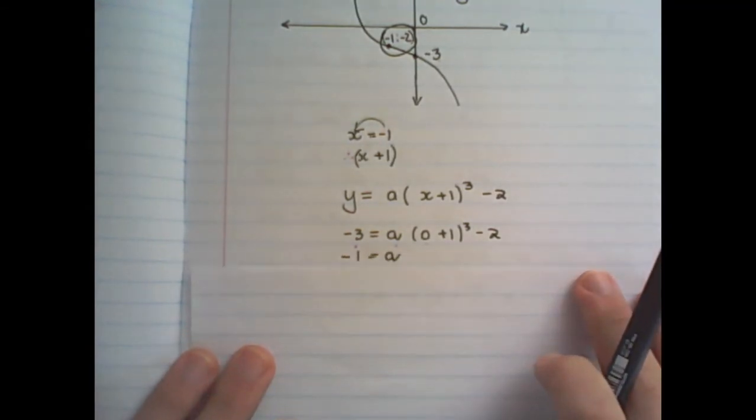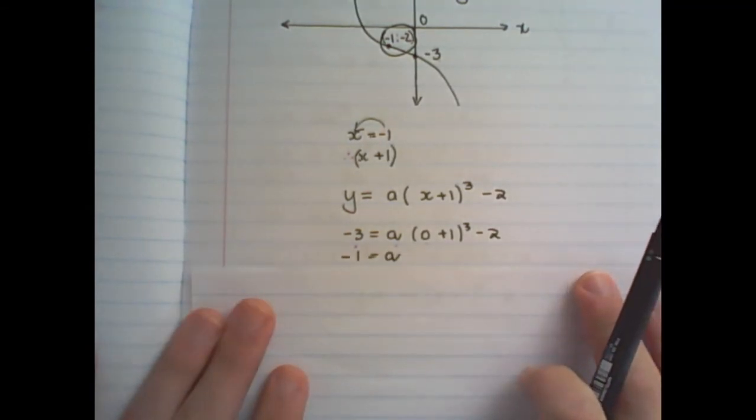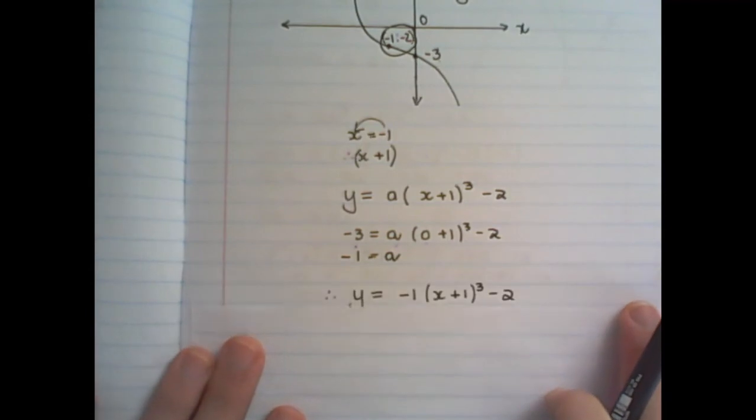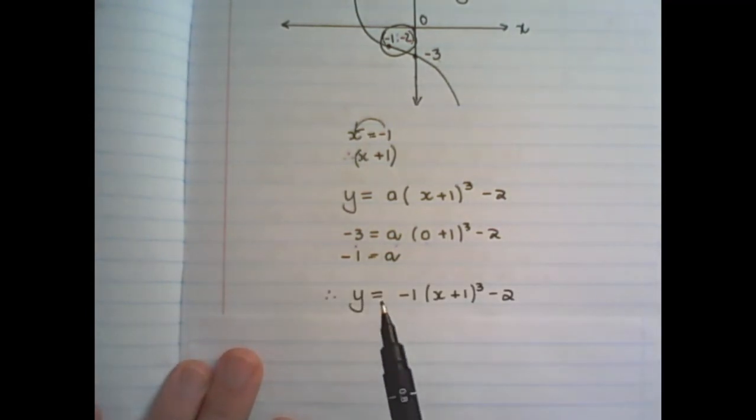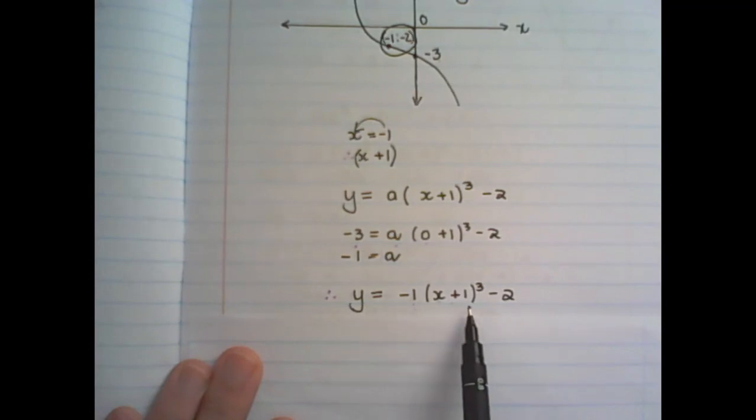So I can solve a, and a would be -1. Therefore, the equation of that function is y equals -1(x + 1) to the power of 3 minus 2. You do not have to multiply this out, because the question would normally state, leave your answer in that format.